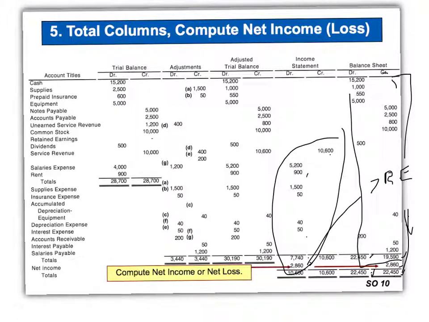And in that way, the accountant is able to ensure that the preparation of financial statements is correct and complete. Now, once that happens, the next step would be to close the accounts, and that would be the next video.